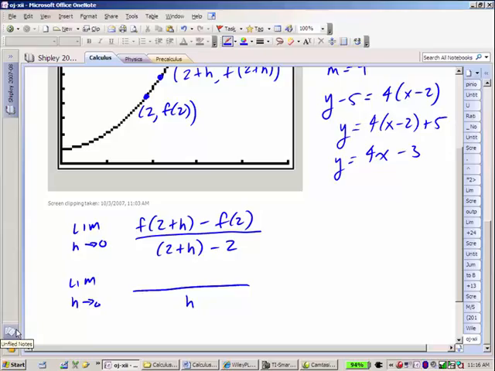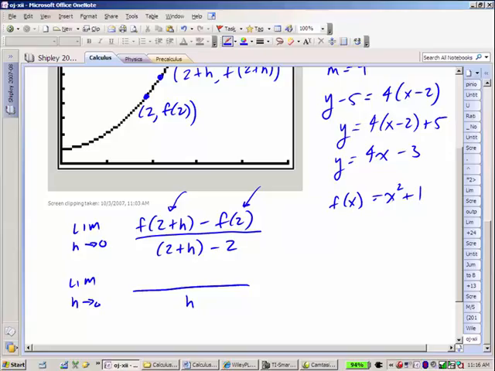Oh. All right, so I need to do f. The input's 2 plus h here, and the input's 2 here. What was the function? X squared plus 1. So can someone step me through the numerator? It's f of 2 plus h, which is 2 plus h squared plus 1.